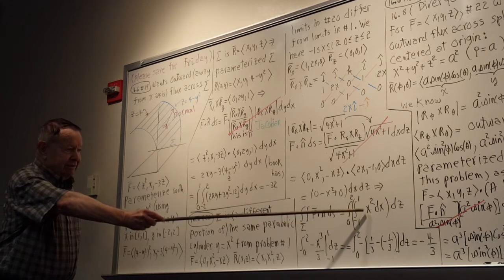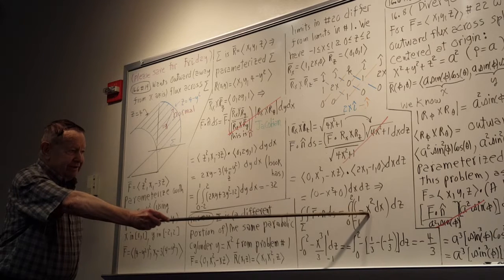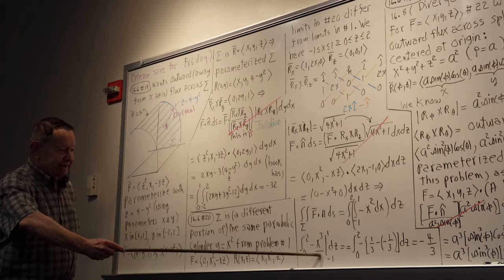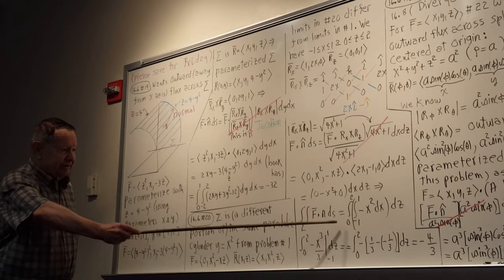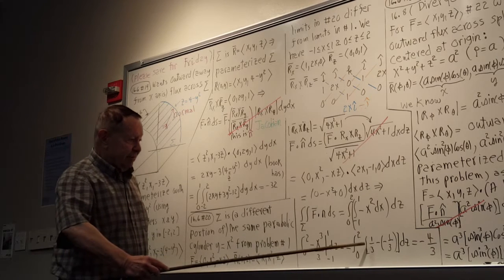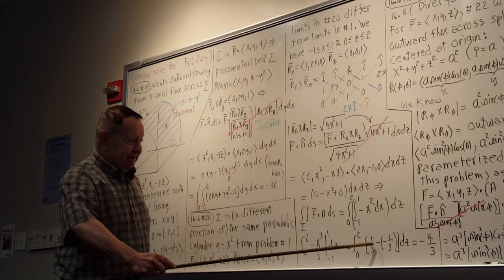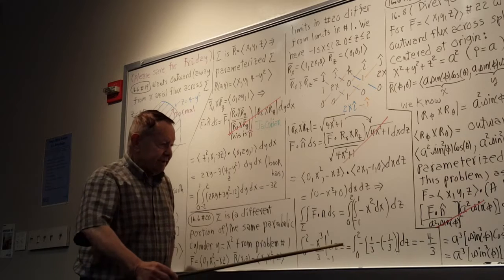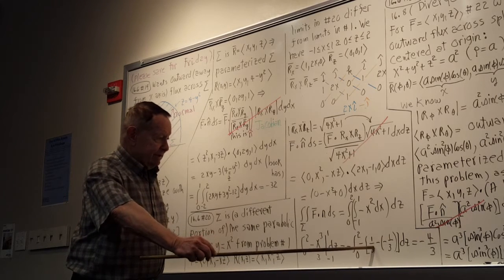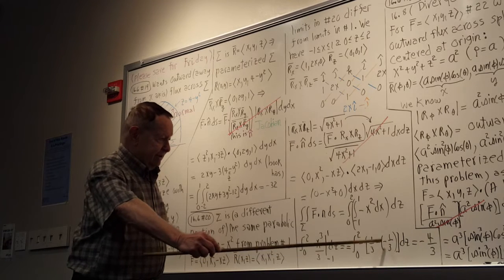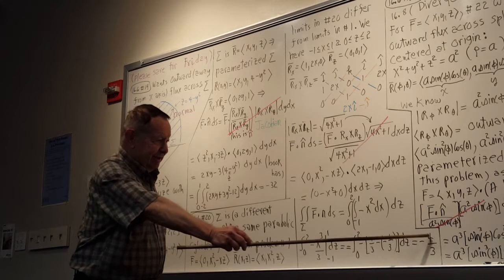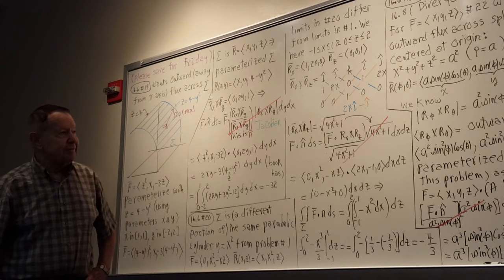And so you'd integrate this without any great trouble into minus x cubed over 3 and put in your limits. And then that number, which proves to be this is a 2/3 here, and then the minus, so you have minus 2/3, and then you integrate z from 0 to 2, and that gives you minus 4/3.